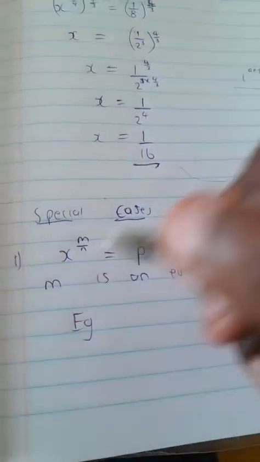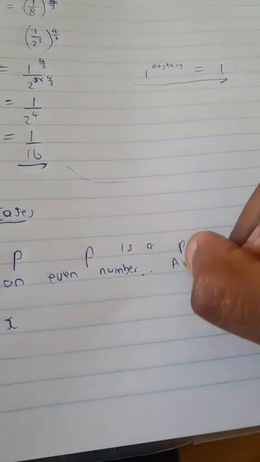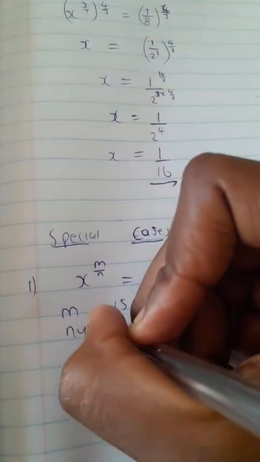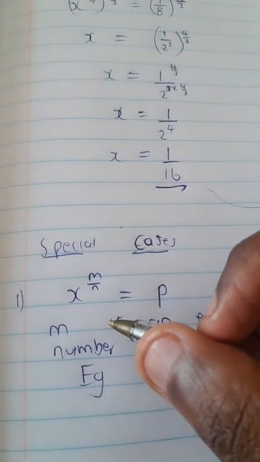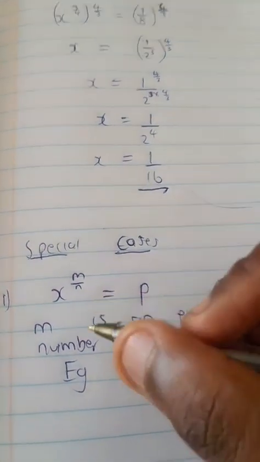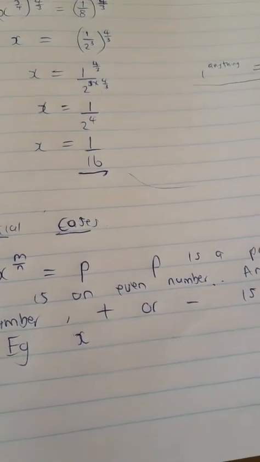Okay, so let's look at a practical example so that we can see what we are talking about here. Let's say, for instance, we had x to the power... All right, let me just make the conclusion first. So an even power of any number, positive or negative, is actually positive.